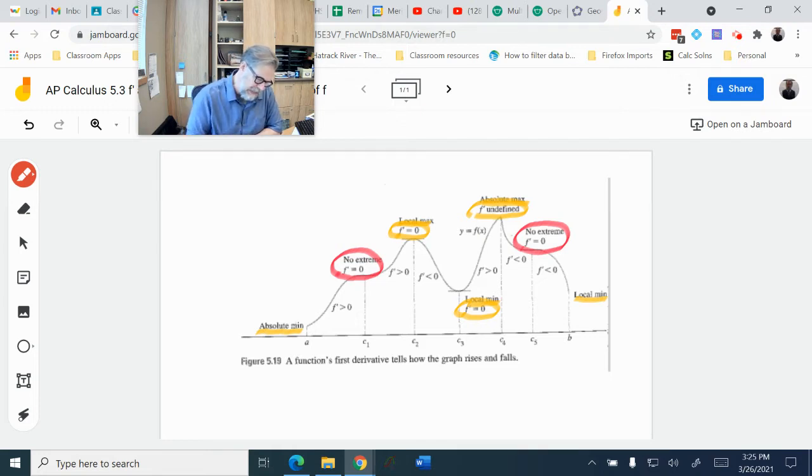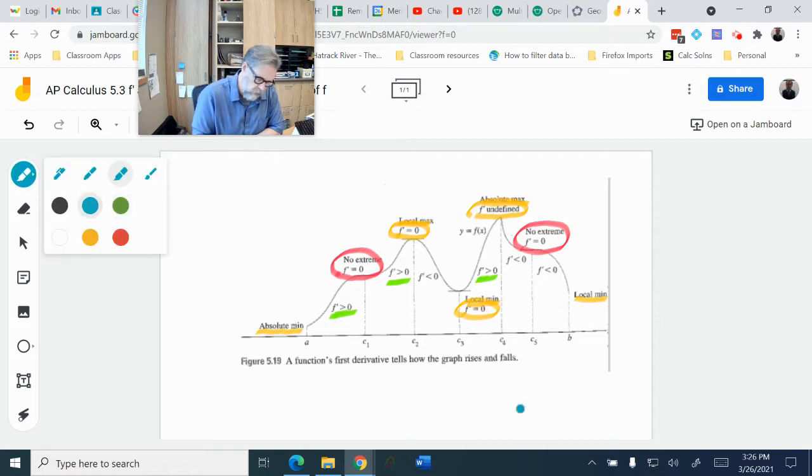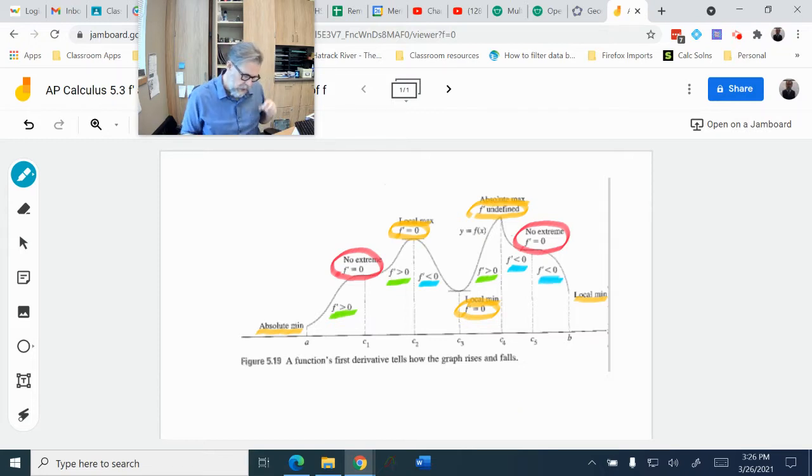And finally, notice the first derivative: when its value, or sign, is greater than 0, the function is increasing, increasing, increasing. And then looking further, we see less than 0, decreasing, less than 0, decreasing, less than 0, decreasing.